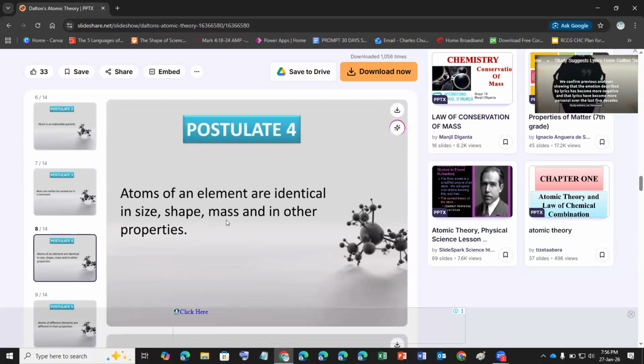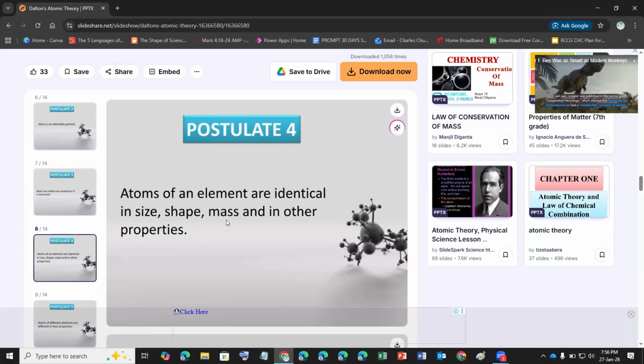But they're the same element. You know why? They have the same atomic number, but they have different masses. Usually the masses are not too far apart. But remember, this is just a postulate of Dalton's atomic theory, so let's just understand it like that. You got this covered, right? You're good with this, right?